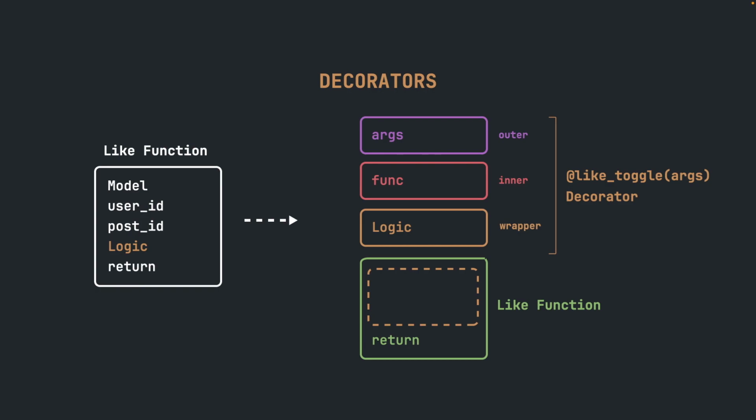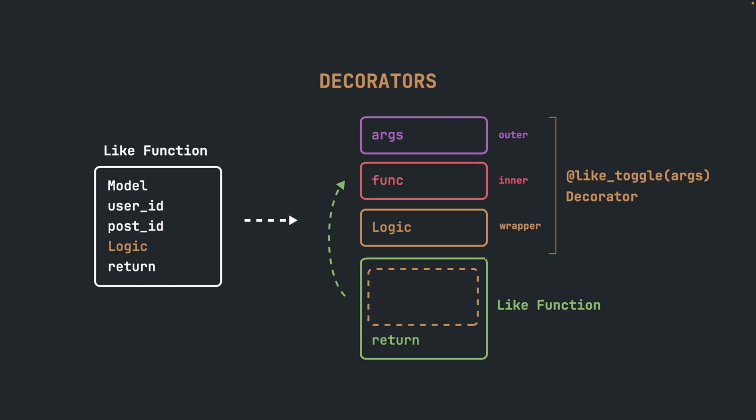Let's start with the outer function. This is an optional layer. You would only need this function when we need to provide additional arguments, such as the model class in our case. For example, the login required decorator did not need additional arguments, so it has no outer function. Then we have the inner function, which takes the original function and retrieves its information, such as the request object, the user ID and the post ID.